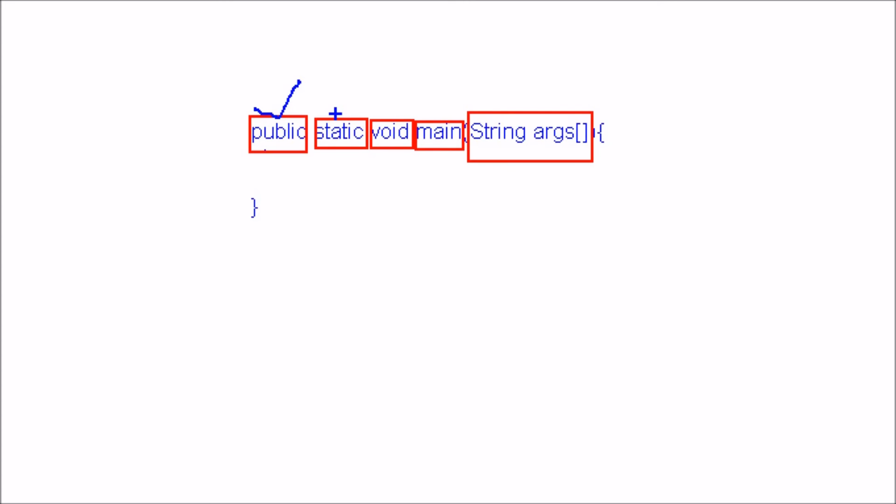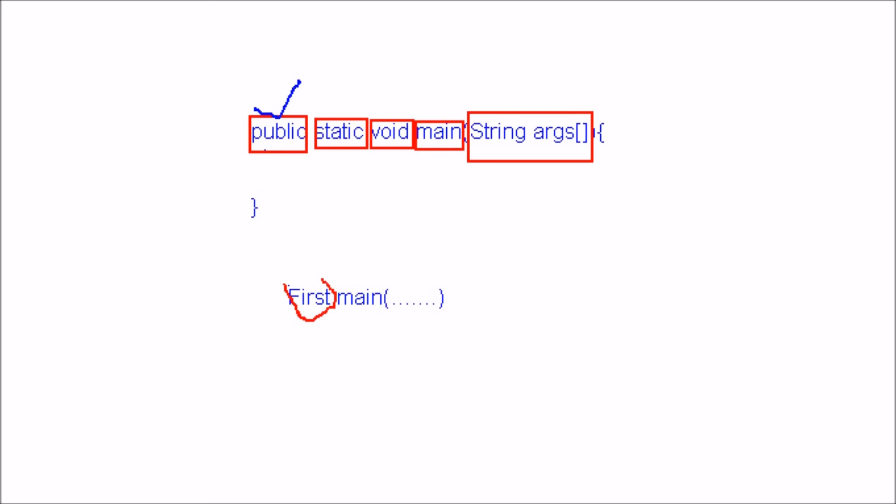Now then static. Why static? Remember one point here. Whatever the method or variable or anything, if it is declared as static, it can be used with its class name. For example, here I can write our class name, first dot, and if I want to access this main method, directly I will give main of some arguments.